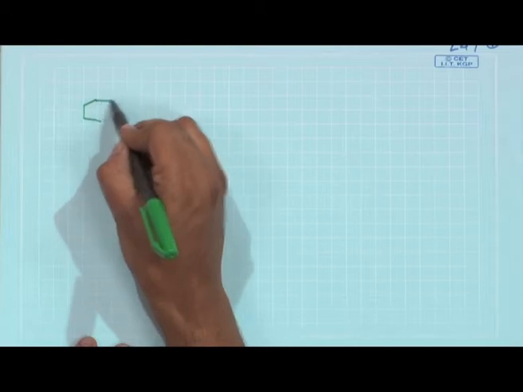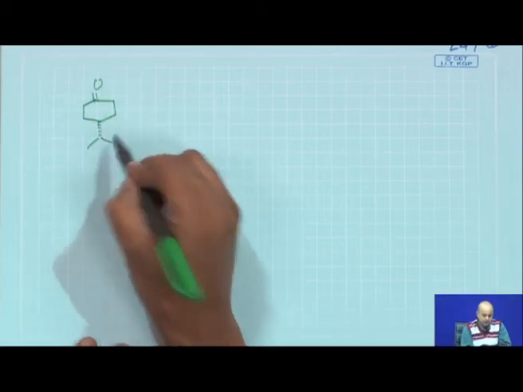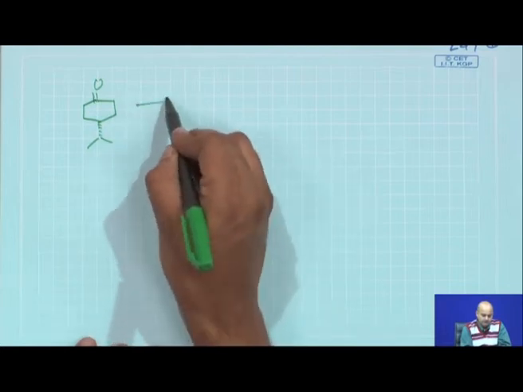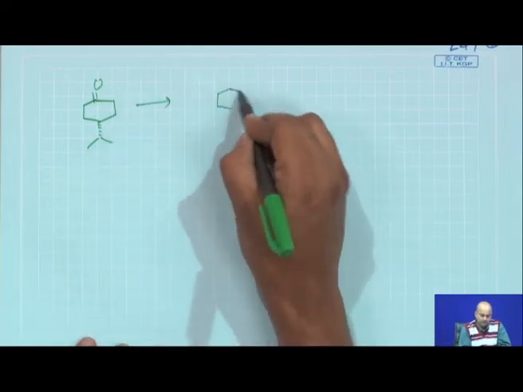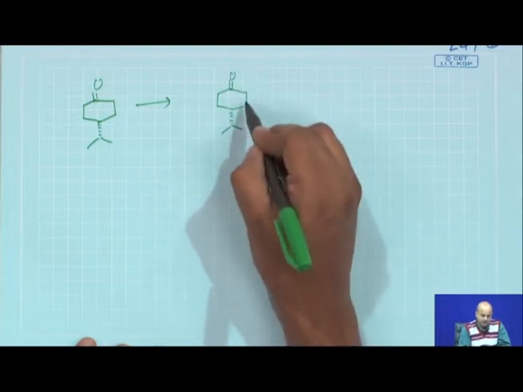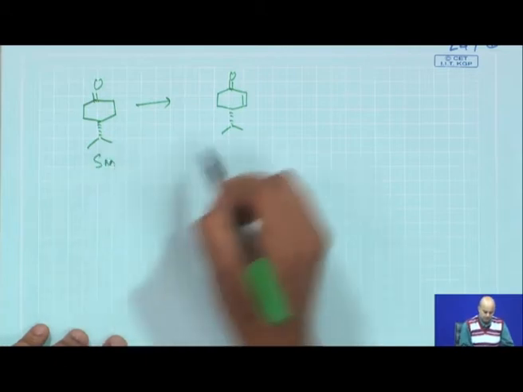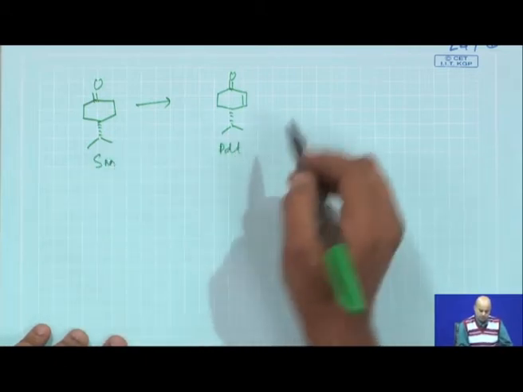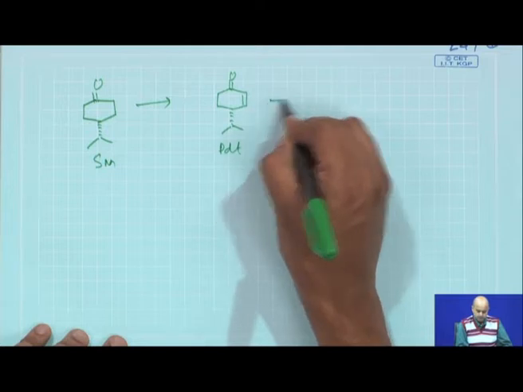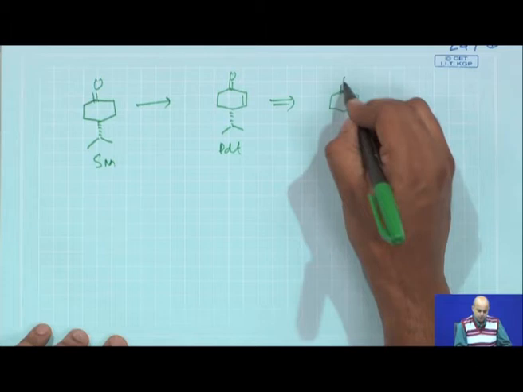On the same line, I will try to give you another assignment. I say you have a starting material of this structure and I am looking for this product. So, this one you can easily do the retro, probably the chemistry was already explained to you.